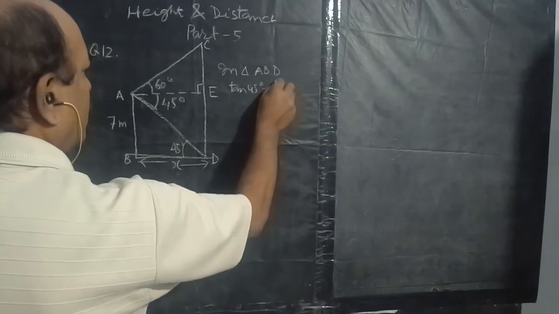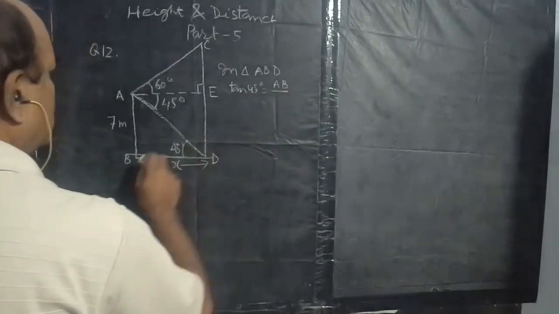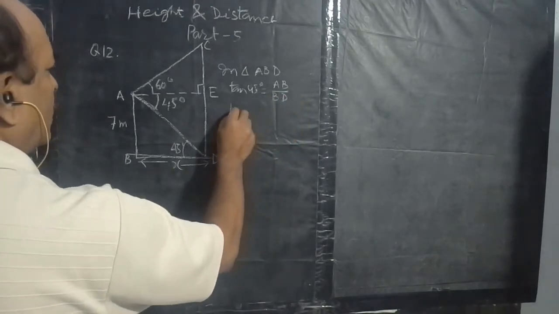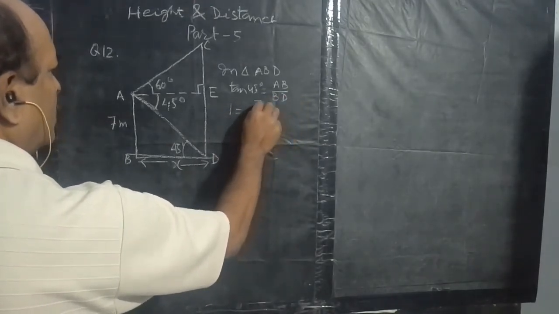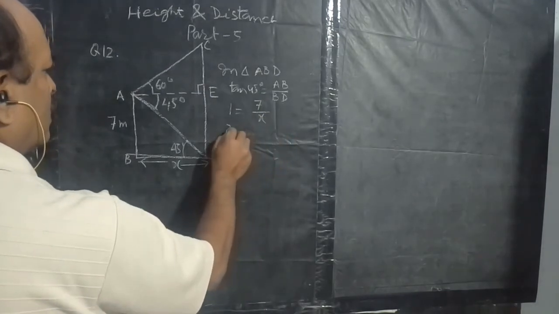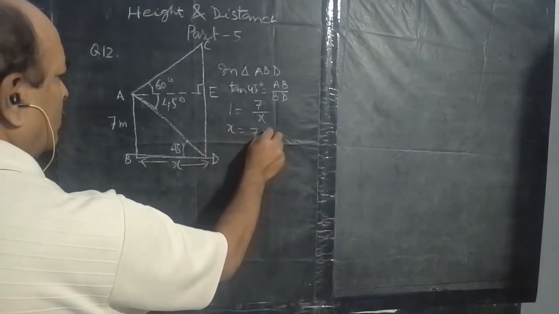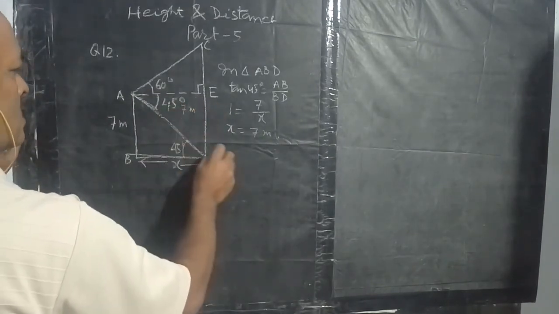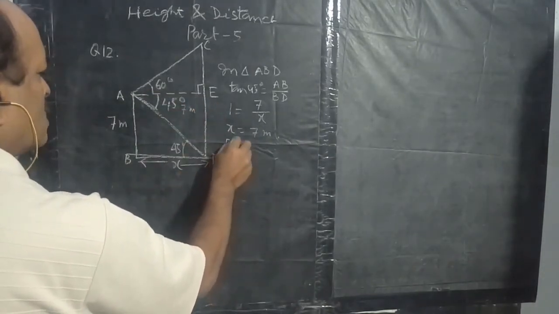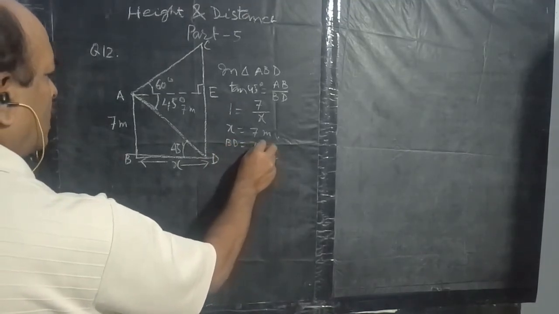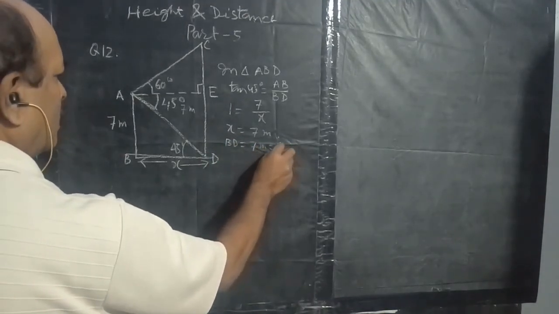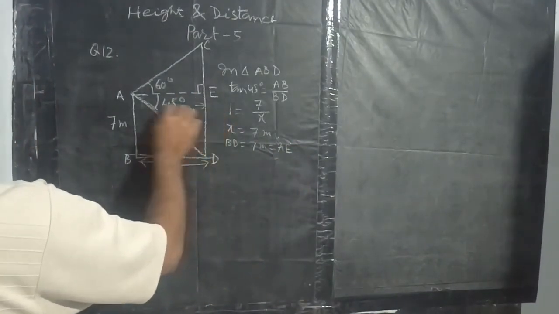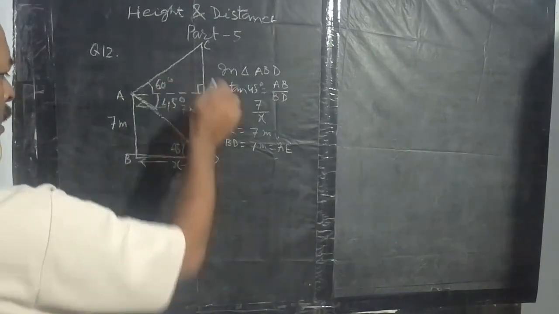The opposite is AB, adjacent is BD. So tan 45 is 1. Now AB is 7, BD is X. So X is equal to 7 meter. So this AE also will be 7 meter. That means BD is equal to 7 meter, and this is also equal to AE. This 7 meter, AE, will be useful here in this triangle.